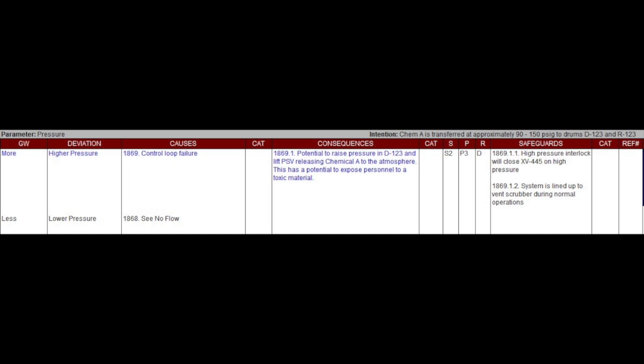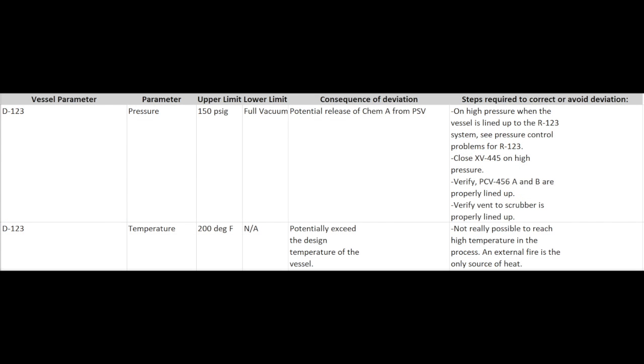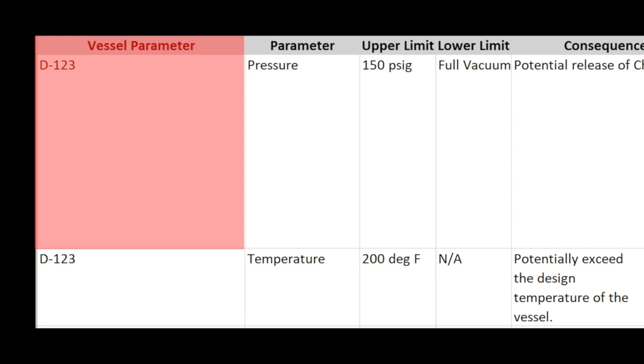It's going to seem super simple, super counterintuitive, of why don't we do this all the time. SOL, COD tables are easier to access for our operations personnel. Here's an example of one. Just vessel parameter, upper limit, lower limit of the system, consequence of deviation, and how do we avoid that deviation. Okay, so vessel parameter, we pulled in here D123.